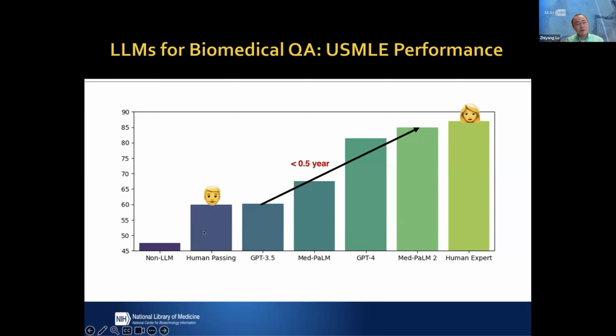Within less than 6 months, the ChatGPT bot was able to achieve a performance in the 80s, which is just below the attending physician level. I'm pretty sure now the performance is probably already over 90.